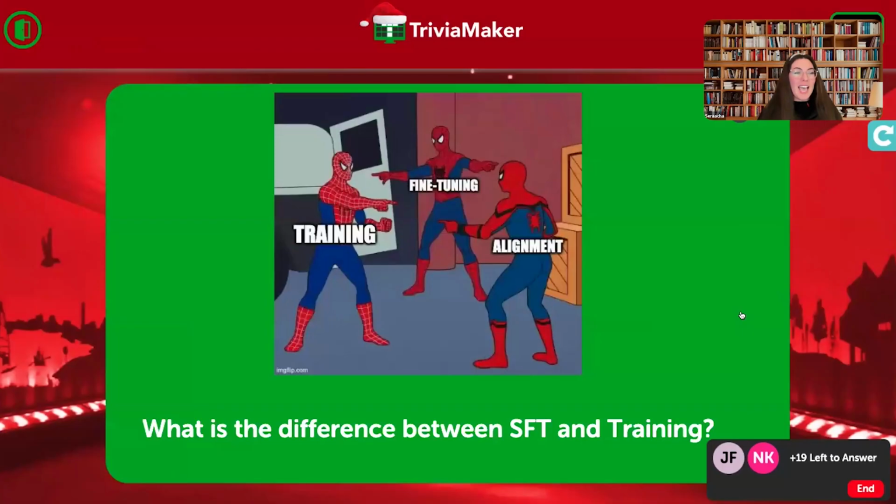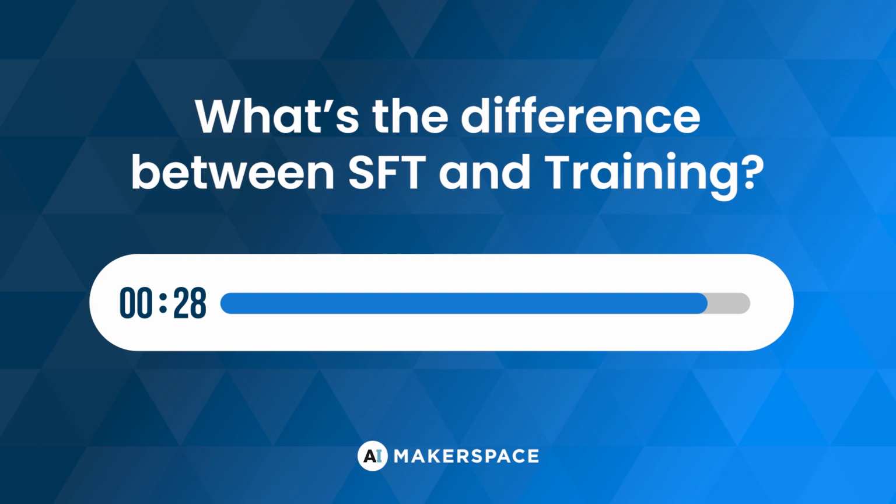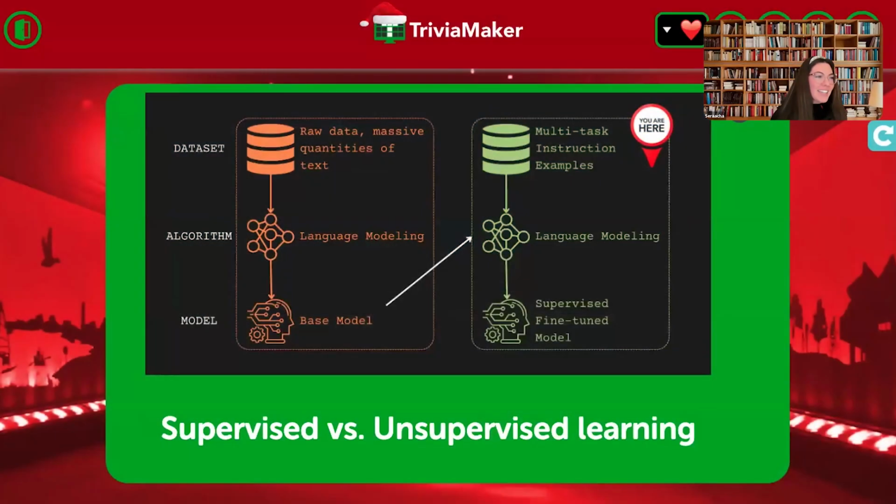What is the difference between SFT and training? So yes, it's supervised versus unsupervised learning.